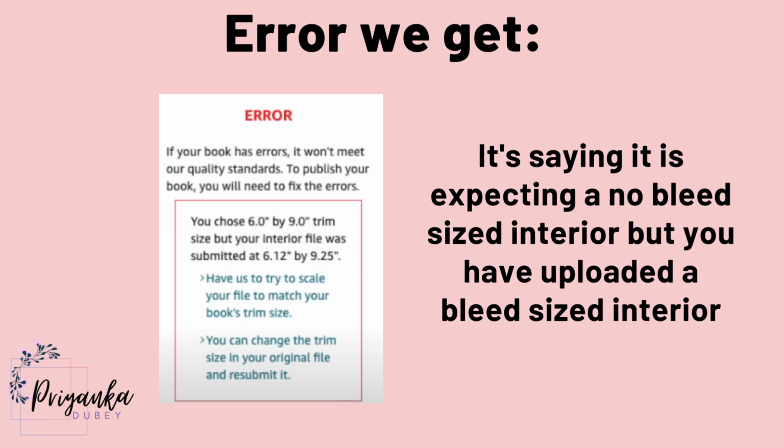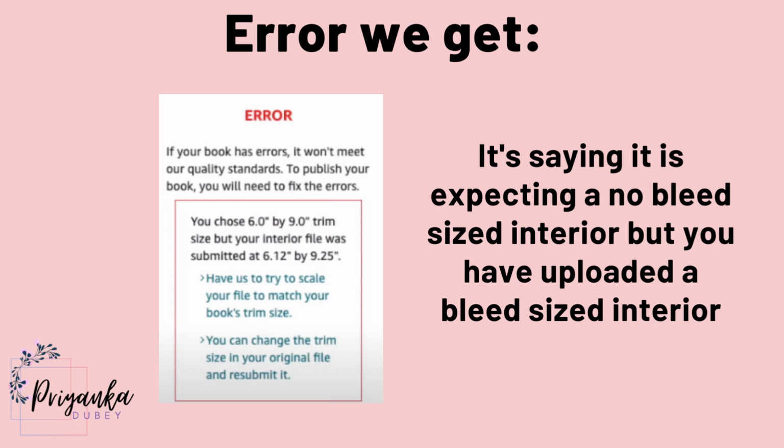So now we get an error like, you chose 6 by 9 trim size, but your interior file was 6.12 by 9.25. Here we might think we have chosen a different interior size, but no, you are just mistaking the bleed and no bleed options.